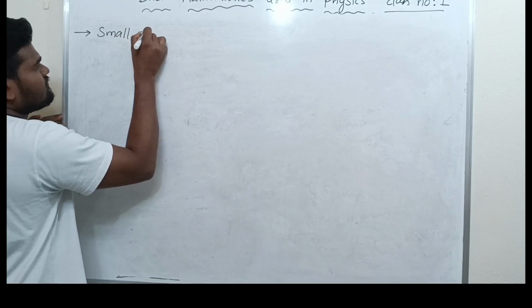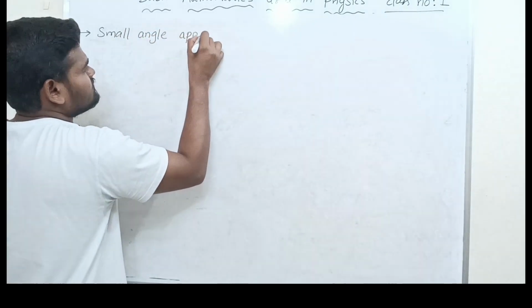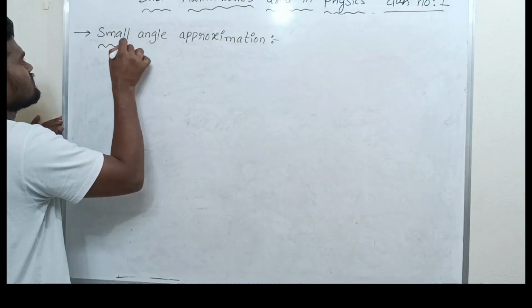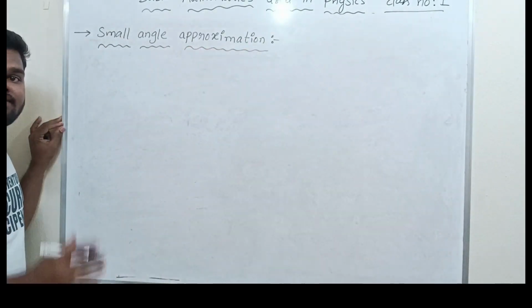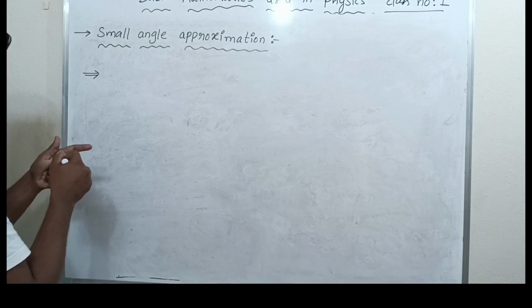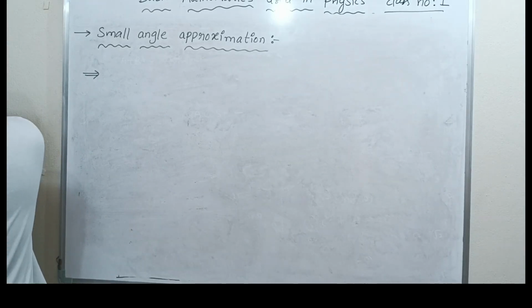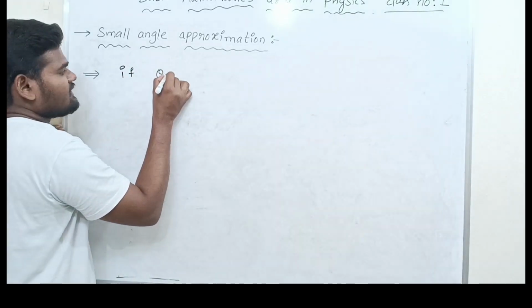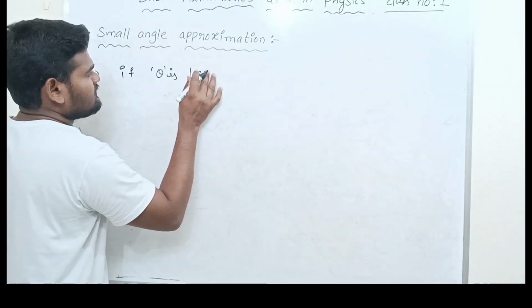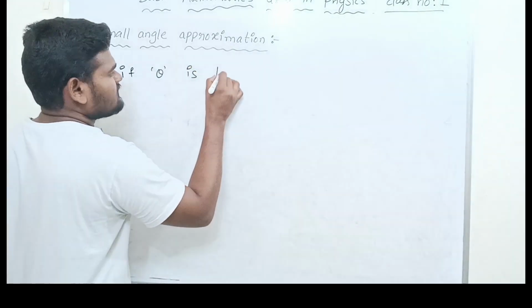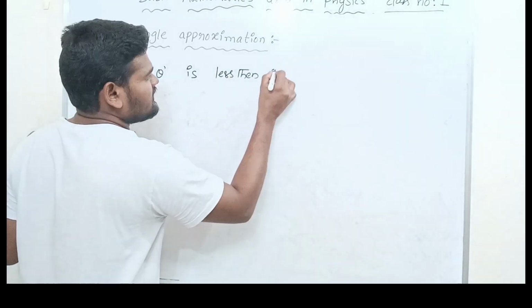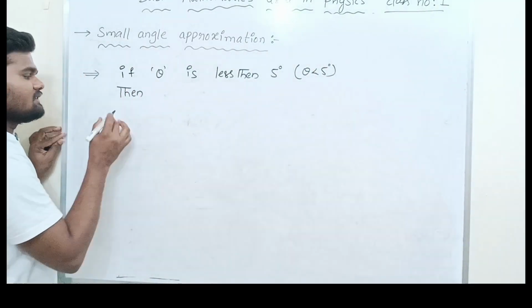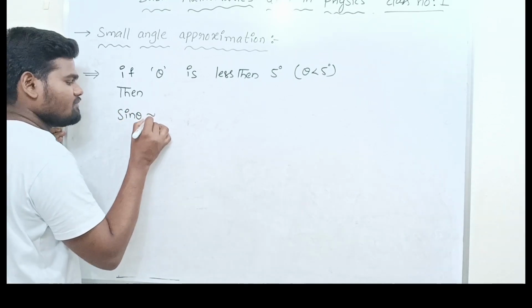Small angle approximation. Okay, so small angle approximation means if theta is less than 5 degrees, then sin theta becomes theta.